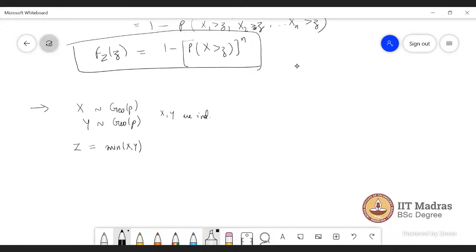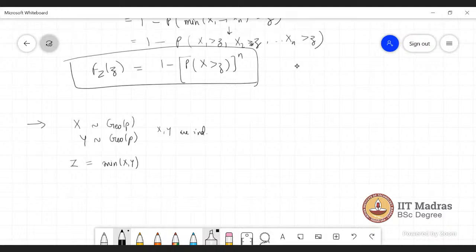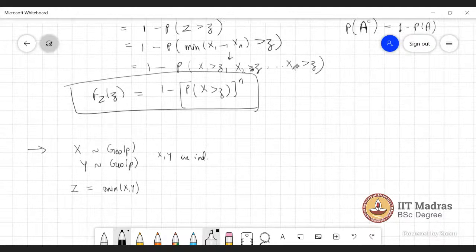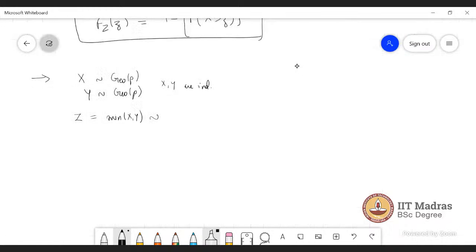Using the same method that we used here, you will obtain this distribution to be equivalent to a geometric distribution with probability 1 minus q.